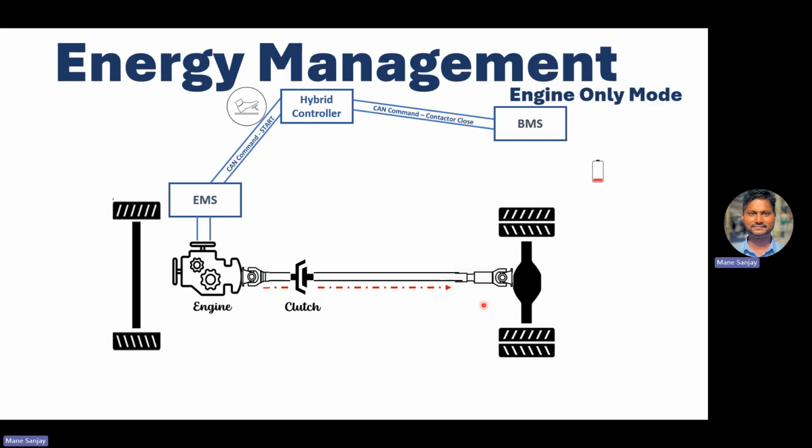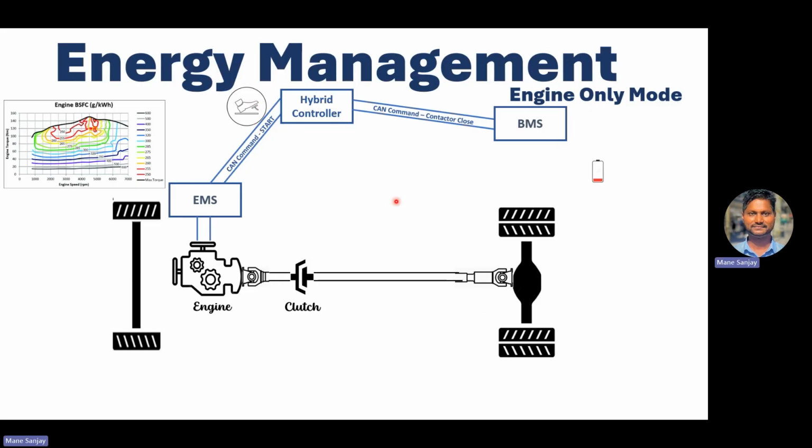Where is the engine management? So the hybrid controller senses the throttle is pressed, right? So it looks inside this BSFC curve, and I explained earlier what the BSFC curve is, right? It's basically a measure of the fuel efficiency of any engine that burns fuel and produces output power.